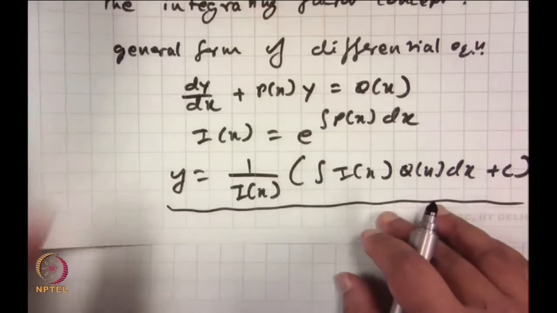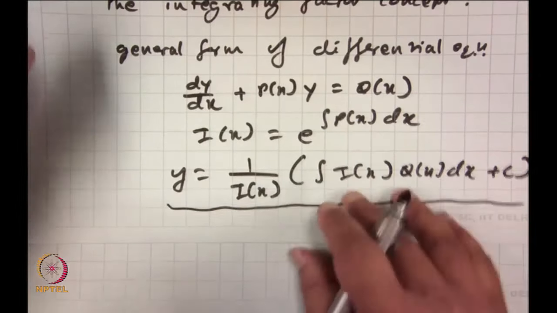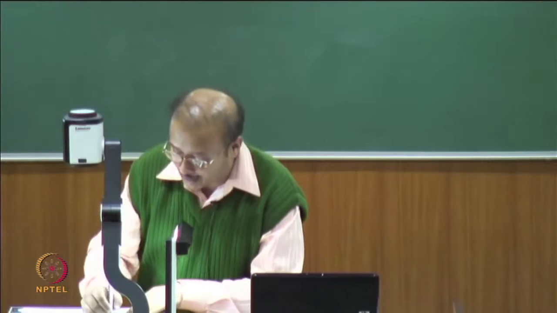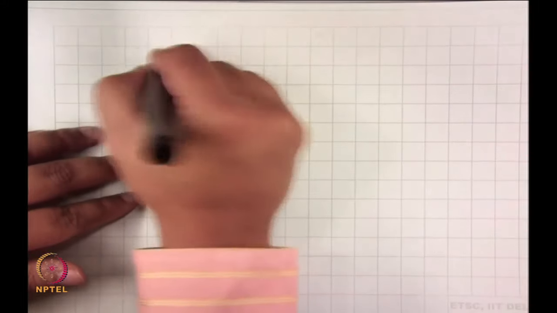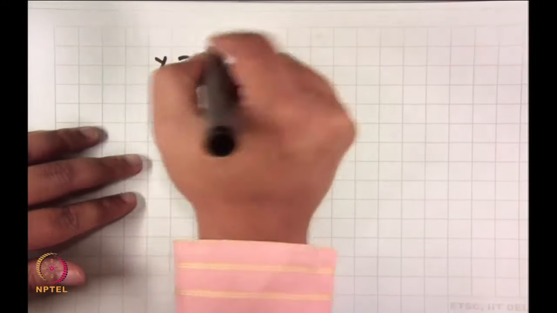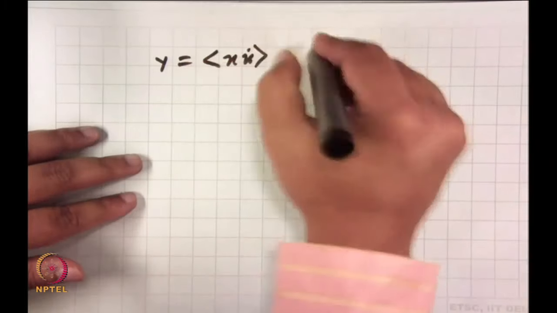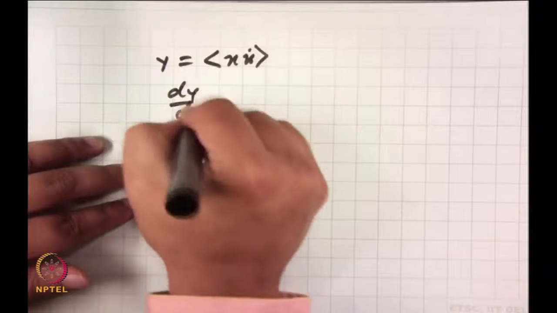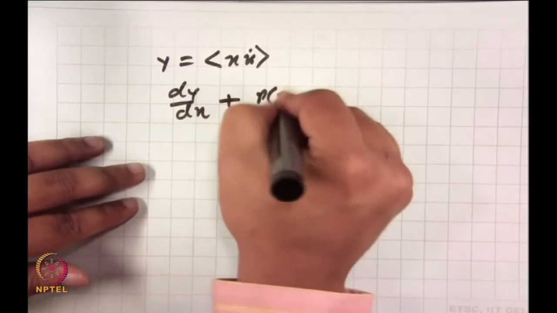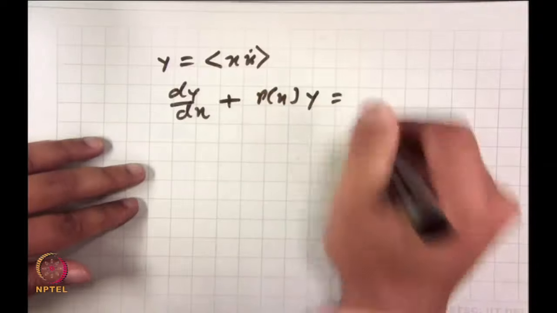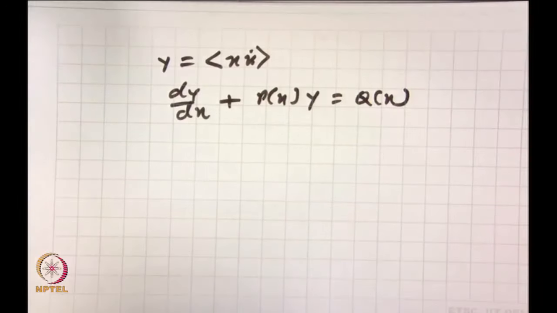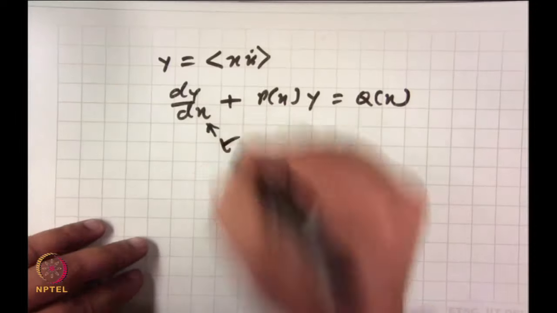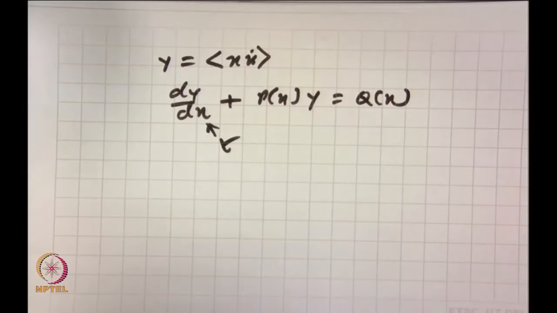Okay. So, let us do it just one by one. If this is what the form is, what is I of x for me? So, now well, let us do this. Instead of what I do is I say y is equal to x x dot, and in my differential equation where dy by dx plus p of x y is equal to q of x, I take this x to be t. Okay, I take this x to be t.